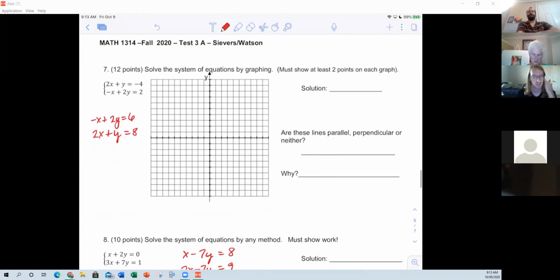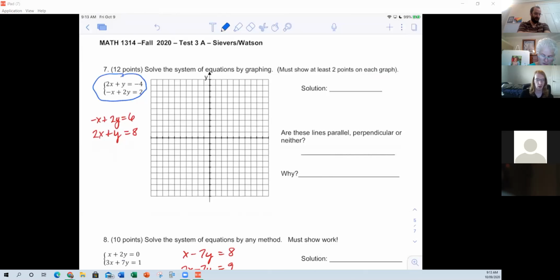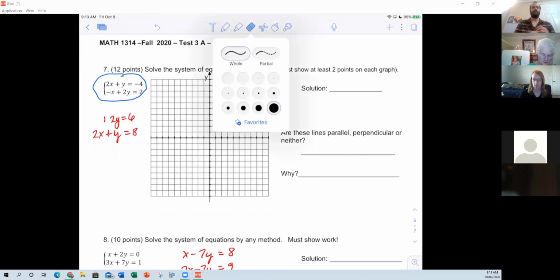Sure. Okay, solve the system by graphing. So I'm going to go ahead and do this one here. First I'm going to graph them by using the intercept method.